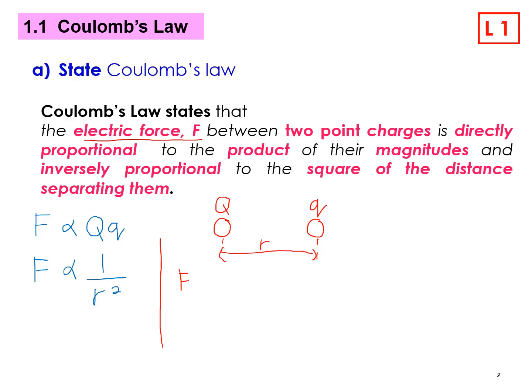F equal to K Qq over r squared, or sometimes we normally represent both charges as Q1 and Q2.